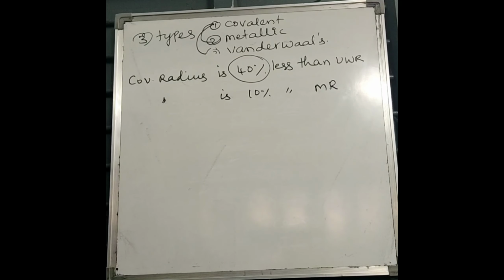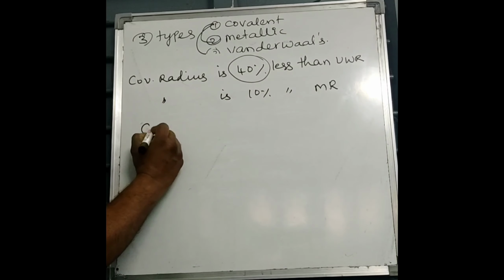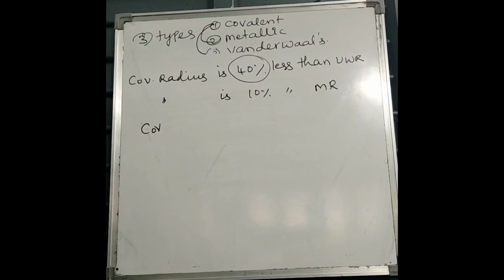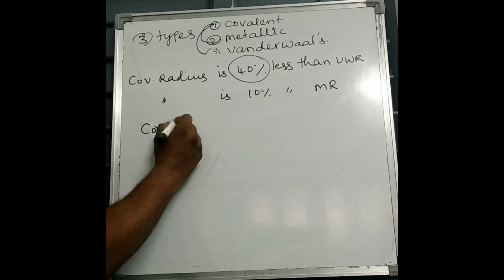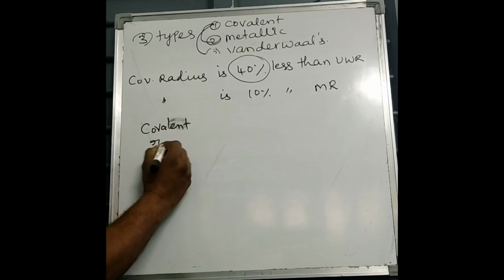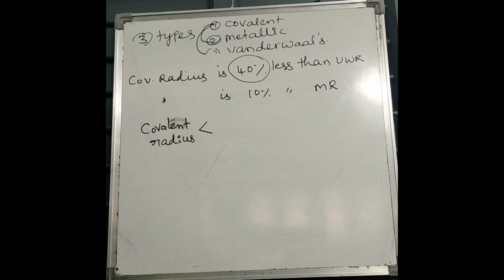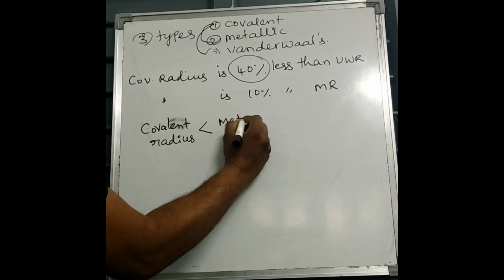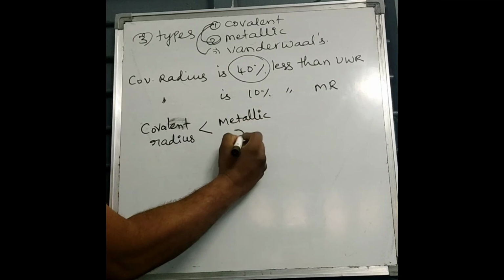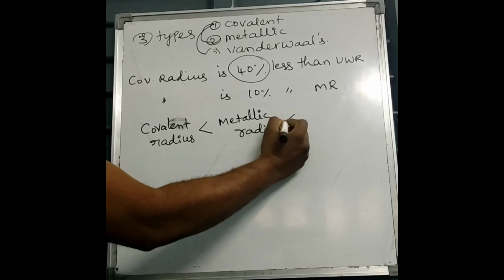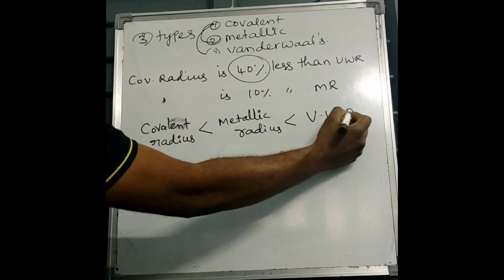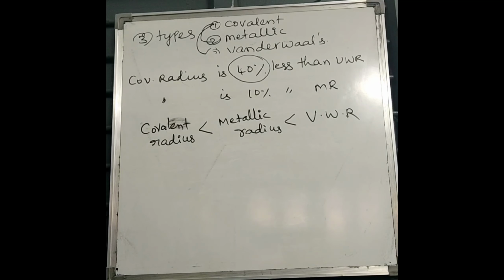According to that, which one is the lowest atomic radius? Covalent radius. So the order of radius among the three is covalent radius less than metallic or crystal radius, less than van der Waals radius. Okay, now the trend.